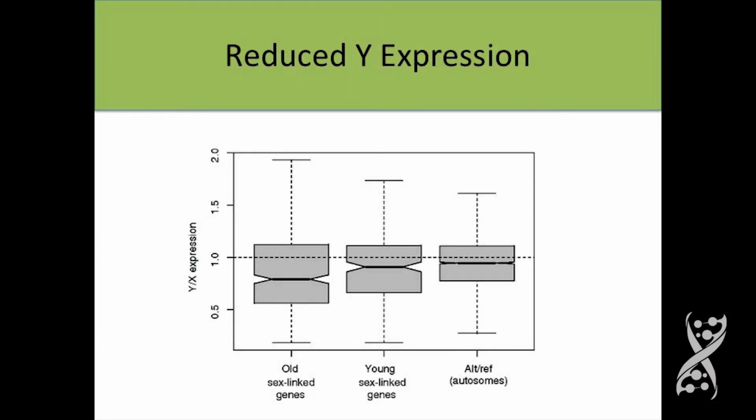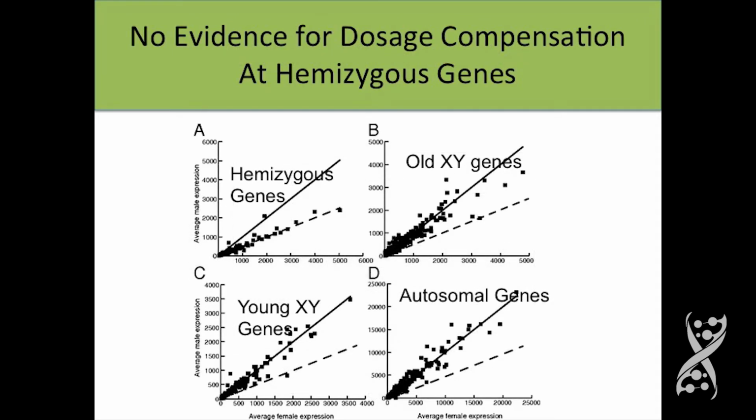Okay, so even at the very earliest stages, we're seeing signals of relaxed selection, deleterious mutation accumulation on the old and young Y chromosome. We're also seeing a reduction in gene expression that's age-dependent on the Y chromosome. But what we don't see is evidence for dosage compensation at these hemizygous genes. So if we look at expression levels in females compared to males, the hemizygous genes show about 50% expression in the males.